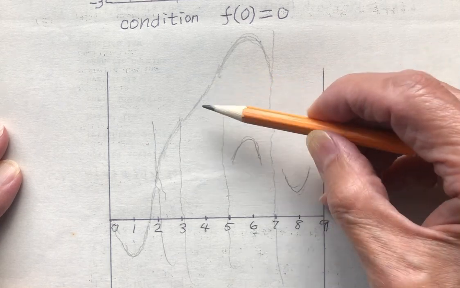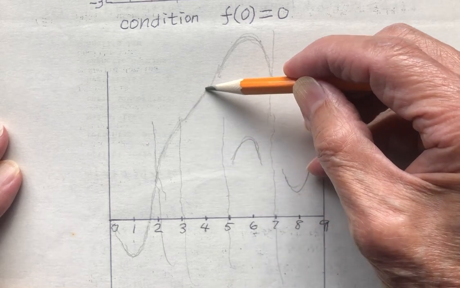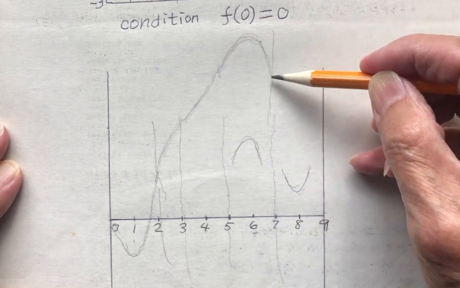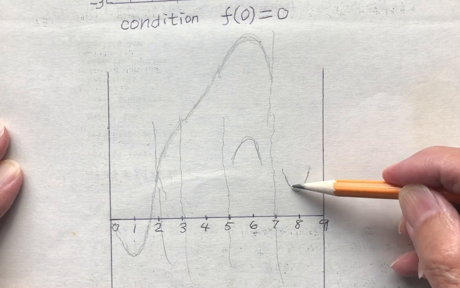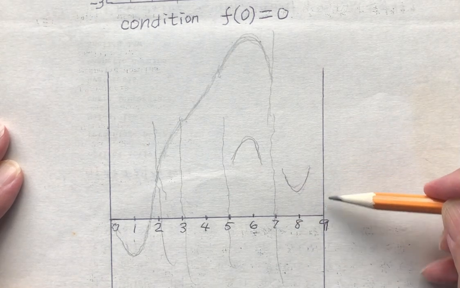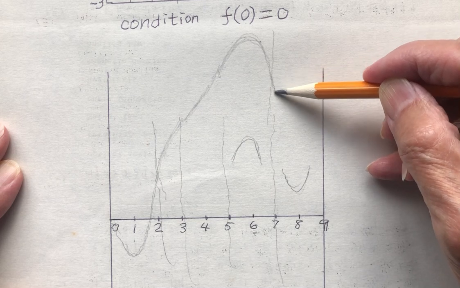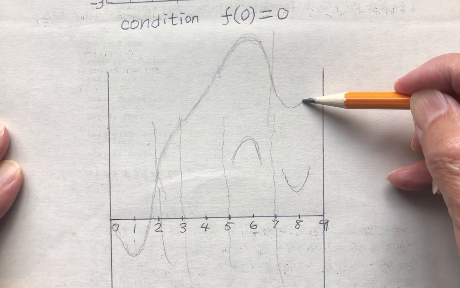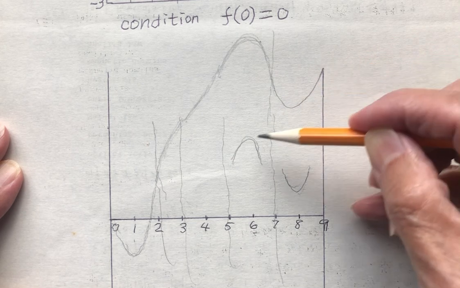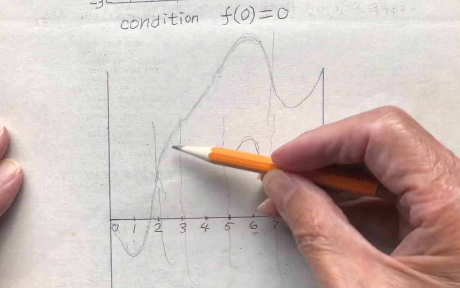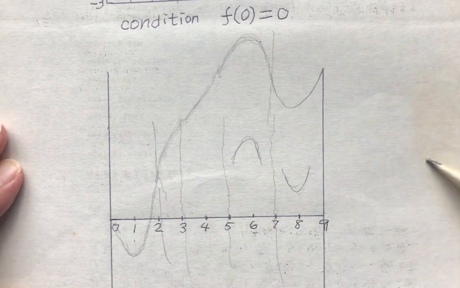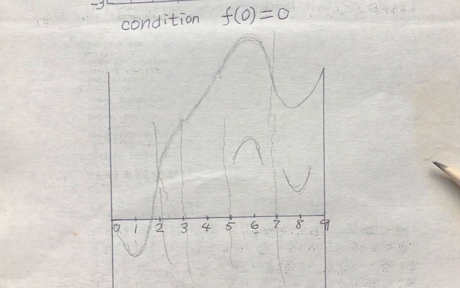Okay, so concave up, concave down. And then I have a minimum. So I have a minimum here. So this is the shape of my y.